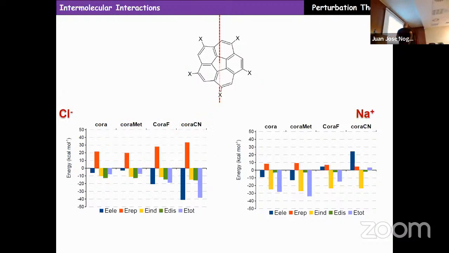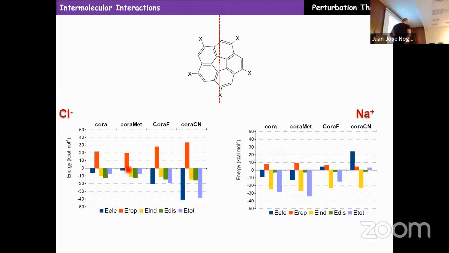And I'm showing you this plot to see how the EDA scheme can give you insight, because if you change these substituents, you see that the difference in the total energy is very large.